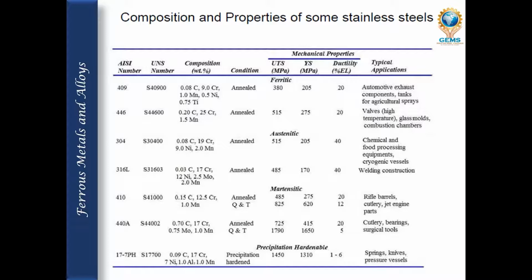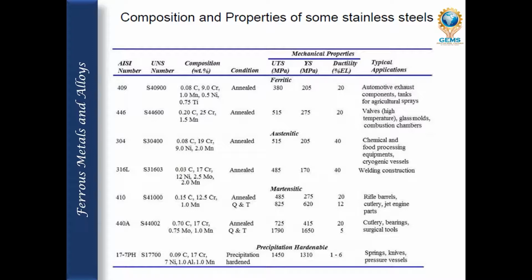So the next one is 316L. Here the composition is 0.3 percent carbon. So in this also the ductility will be good, and chromium is 17%. And the typical application for this is welding and construction.